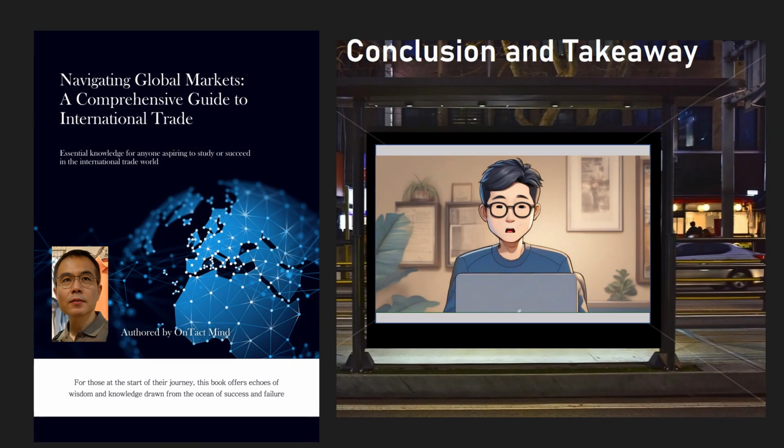Today, we've uncovered the 4 pillars of sea freight under Incoterms 2020: FAS, FOB, CFR, and CIF. Each of these terms isn't just a technicality. They're the foundation that shapes how global trade moves. They define responsibility, risk, and control in a way that empowers both the buyer and the seller.